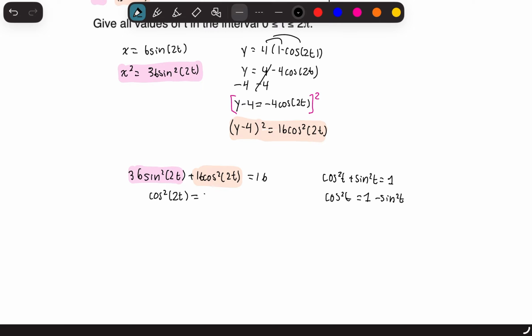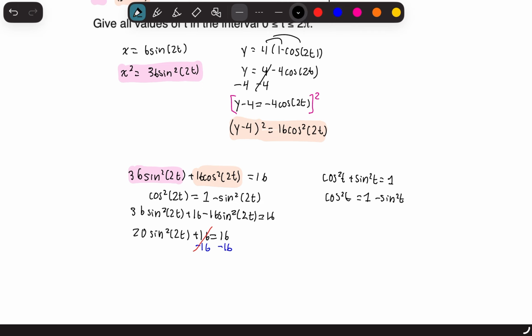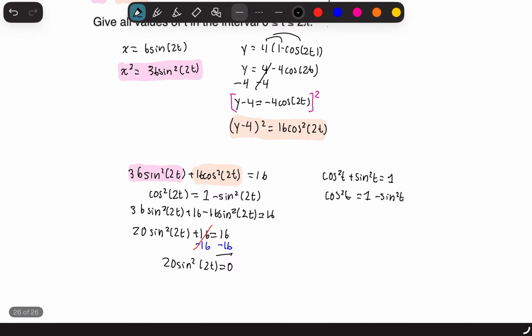The Pythagorean identity holds true as long as the angle that you're using is the same for each of the trig functions inside of the identity. After this, you can solve.